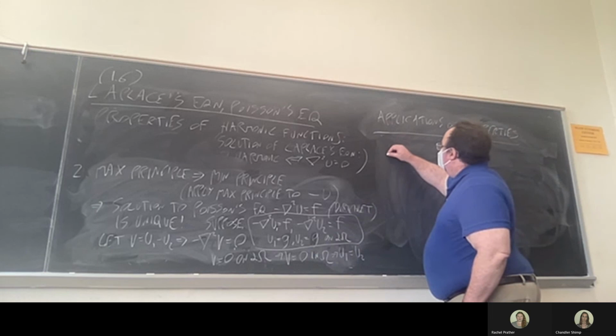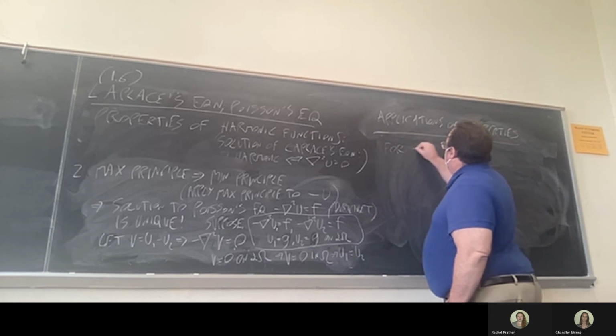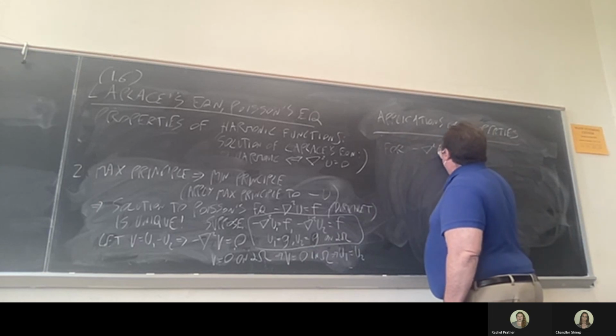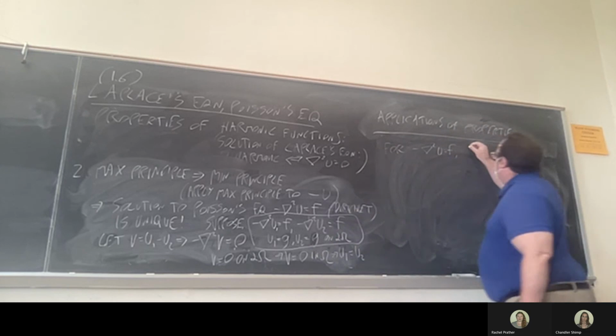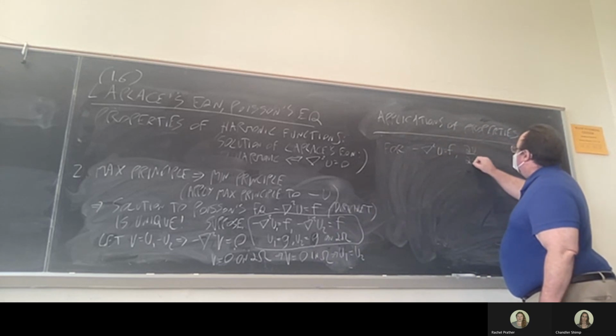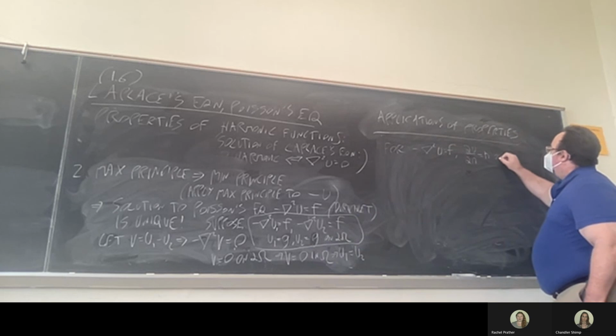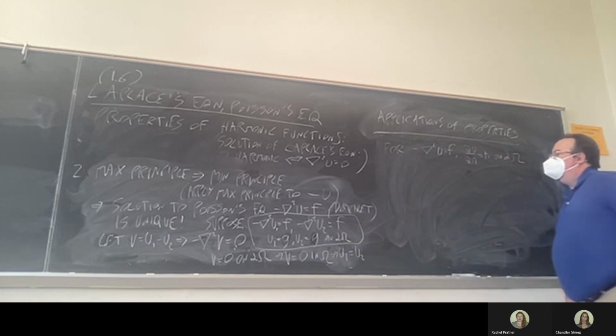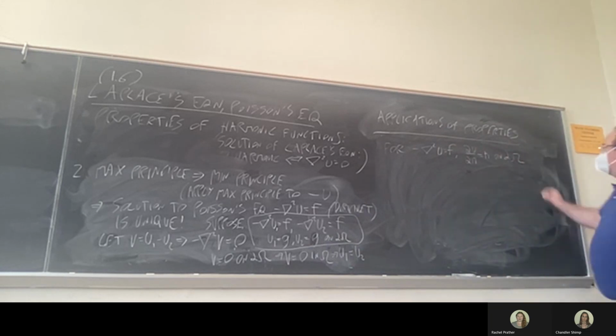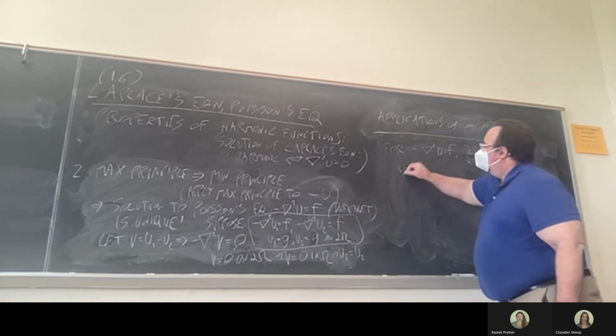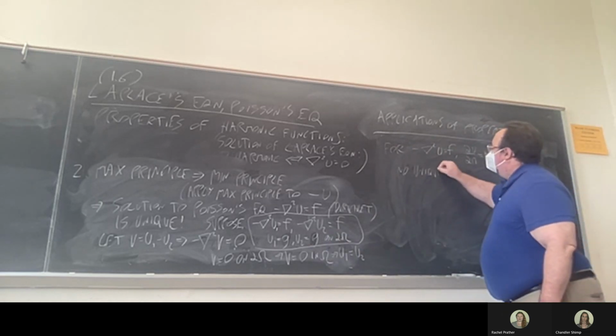So for Poisson's equation with Neumann boundary conditions, so normal derivative is equal to h on the boundary, then we do not have uniqueness.